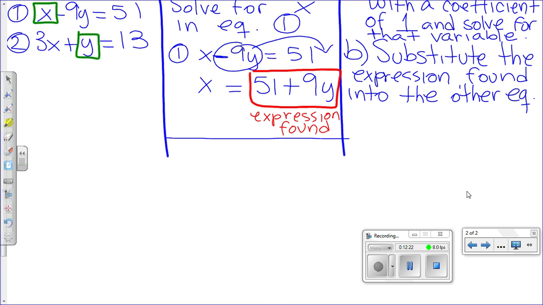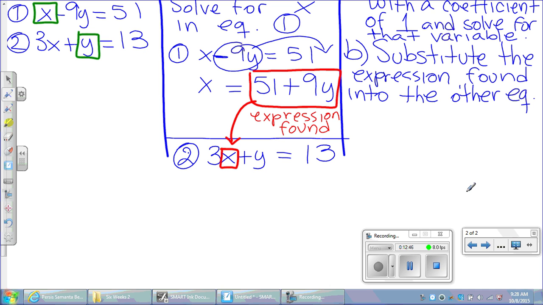So now equation number 2, it says 3x plus y is equal to 13. And so what we're going to do here is that this x here is going to be substituted with the expression found. And that's why we refer to this method as the method of substitution, or substitution method.